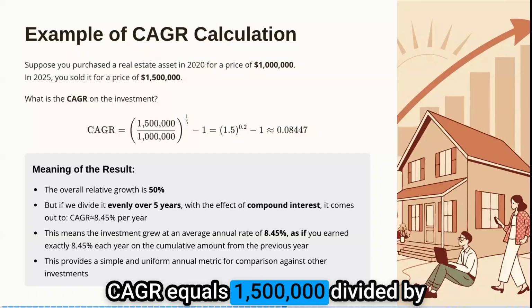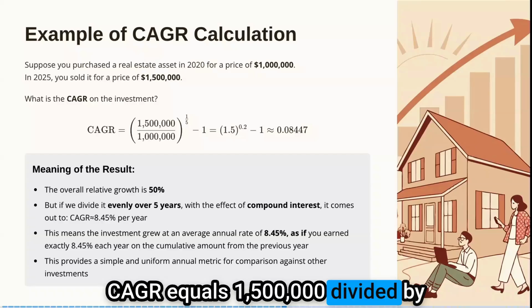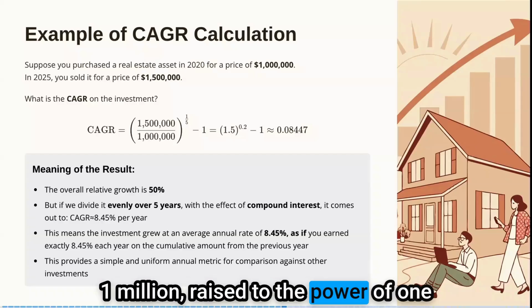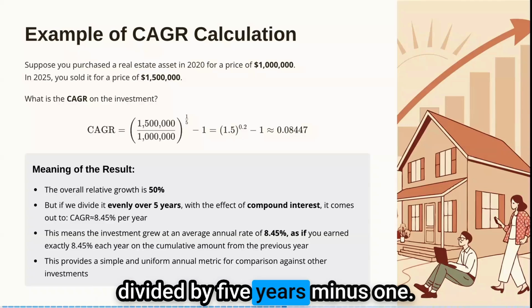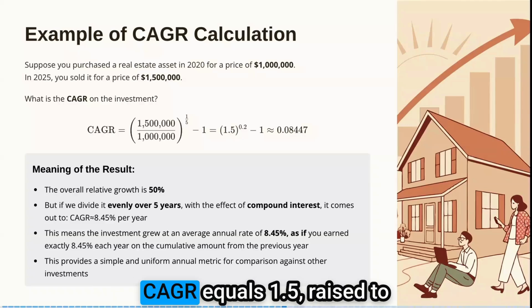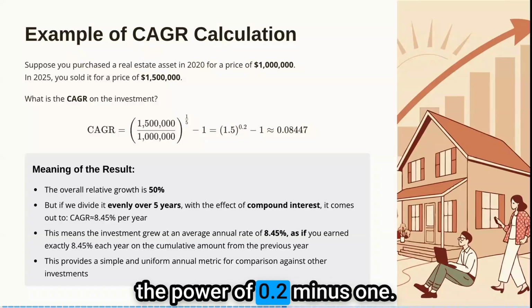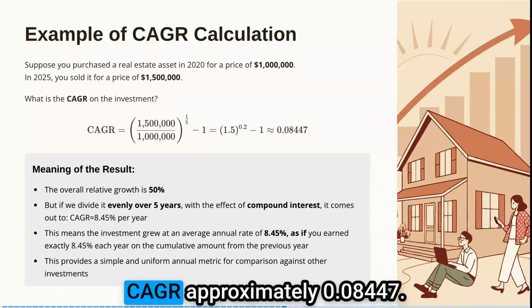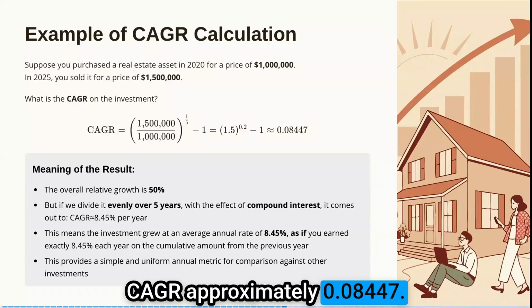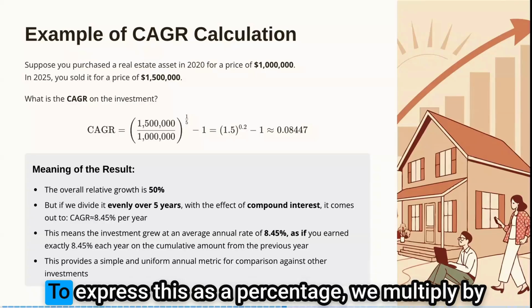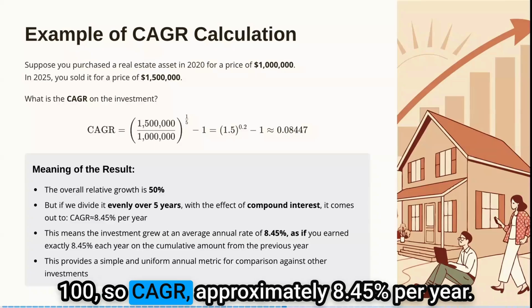CAGR equals 1,500,000 divided by 1 million, raised to the power of 1 divided by 5 years, minus 1. CAGR equals 1.5 raised to the power of 0.2 minus 1. CAGR approximately 0.08447. To express this as a percentage, we multiply by 100, so CAGR approximately 8.45% per year.